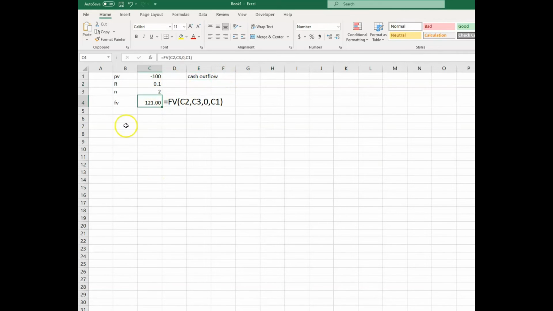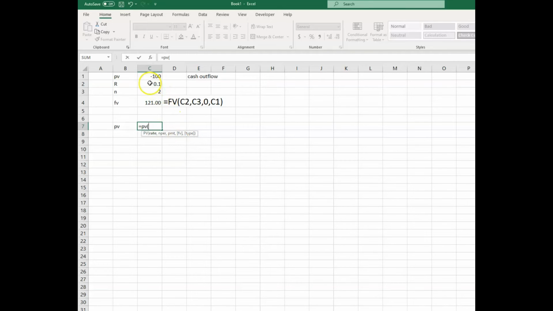Okay, so let's calculate present value. Exact same things. The beauty of Excel is that we have almost identical formats.